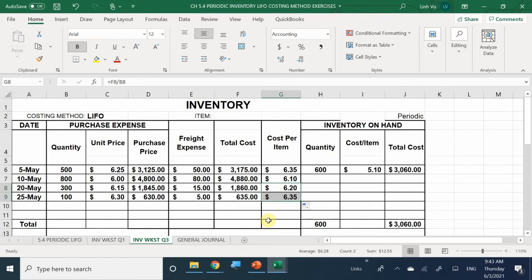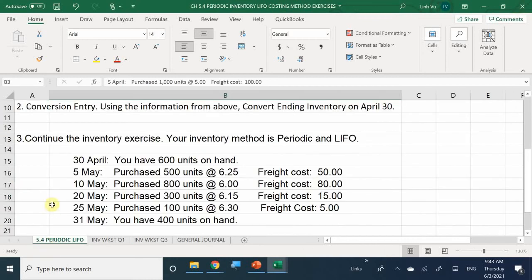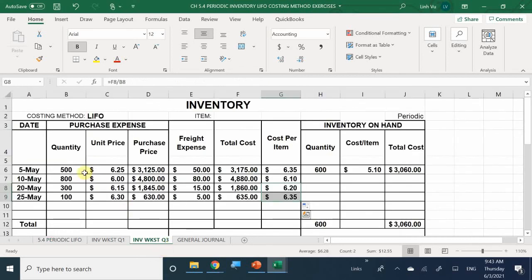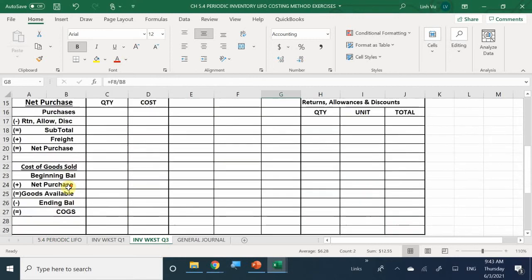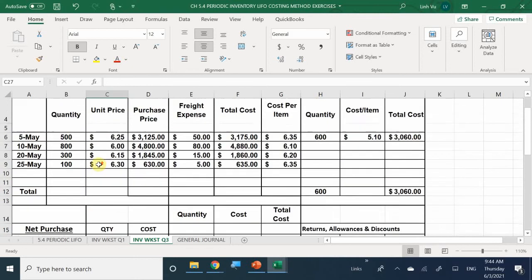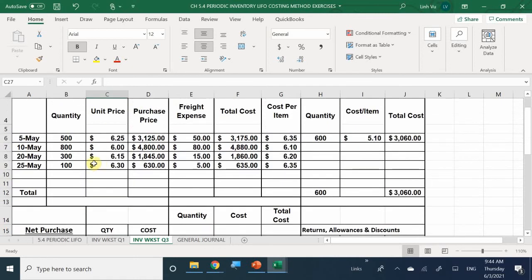Now that we have this information, what happened on May 31st? We have 400 units on hand. Good.